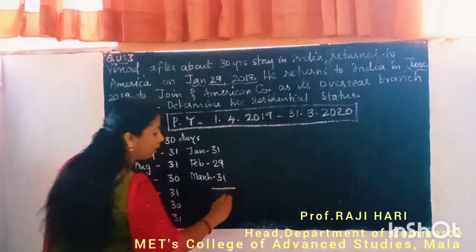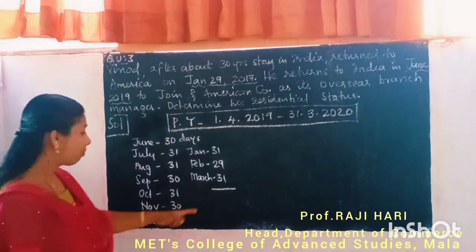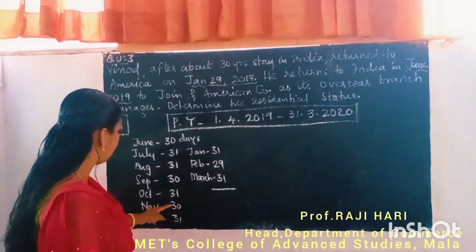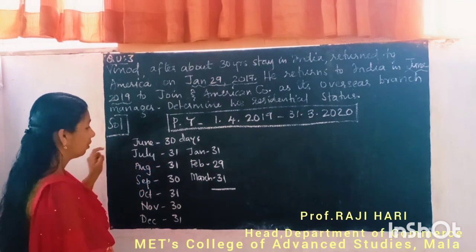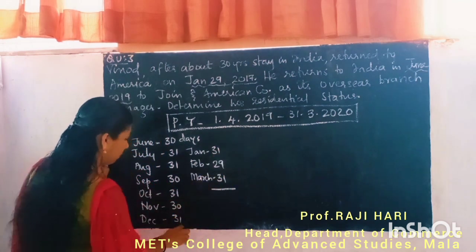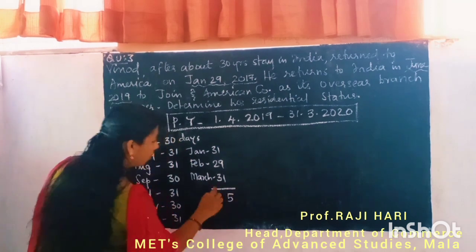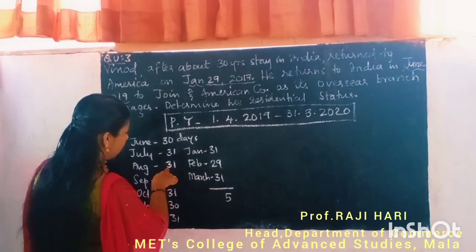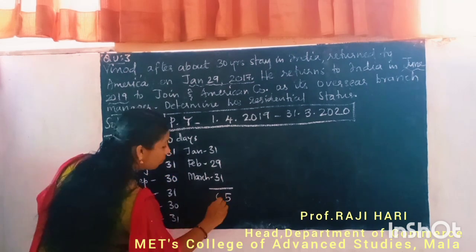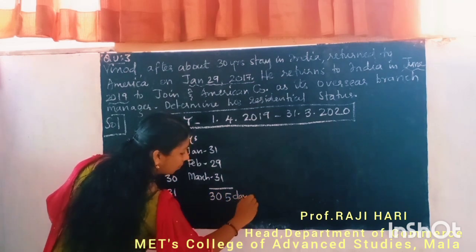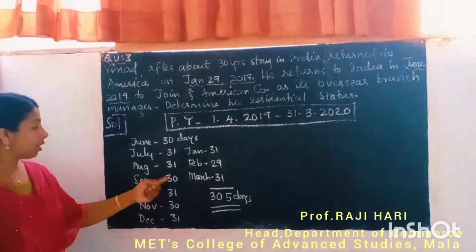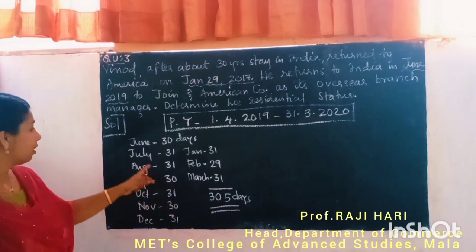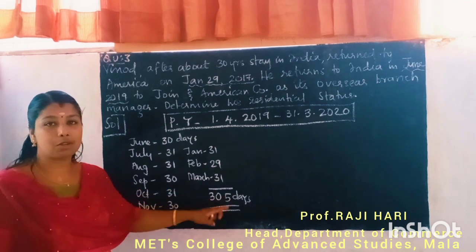So the total number of days he is physically present in India: he was in India for a period of 305 days during the previous year, June to March.